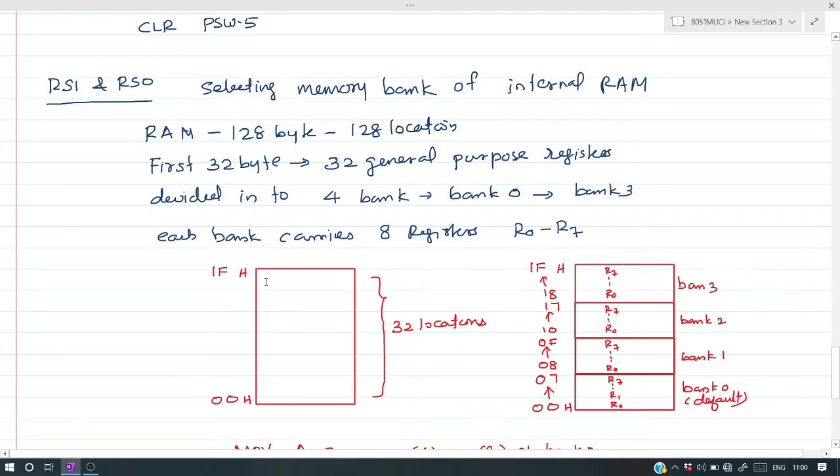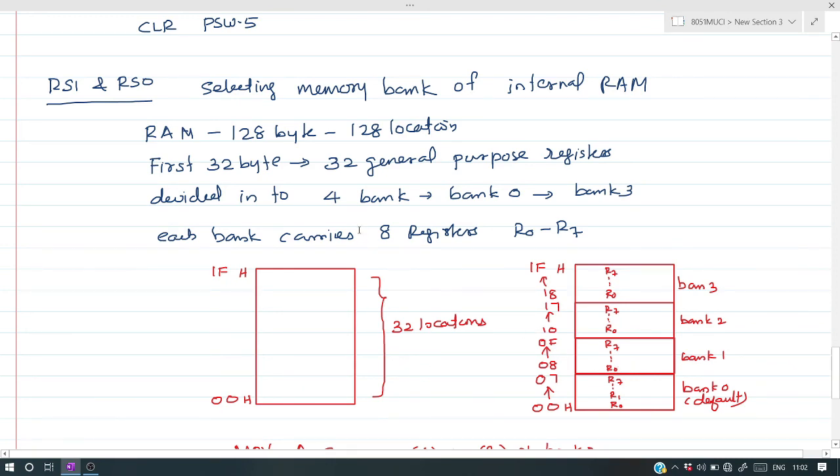Next important bits in the PSW are the bank selection bits RS0 and RS1. Let's see the bank selection in detail. In the architecture of the 8051, we have seen that the internal RAM of the 8051 is 128 bytes long for storing data. Out of these 128 locations, the first 32 locations are available to the programmer as general purpose registers.